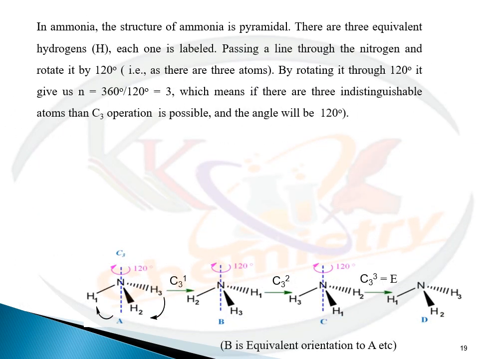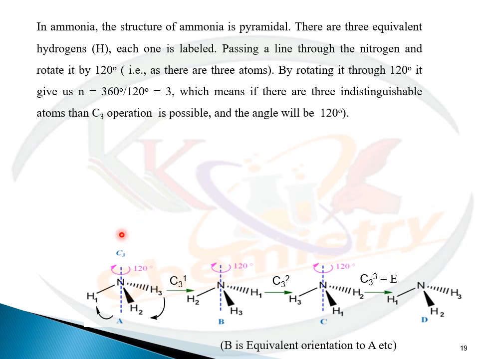Now we take an example of ammonia, which has a pyramidal structure. There are three equivalent protons. This one, this one, this one are all equivalent, but we have just labeled them 1, 2, and 3 for simplicity.